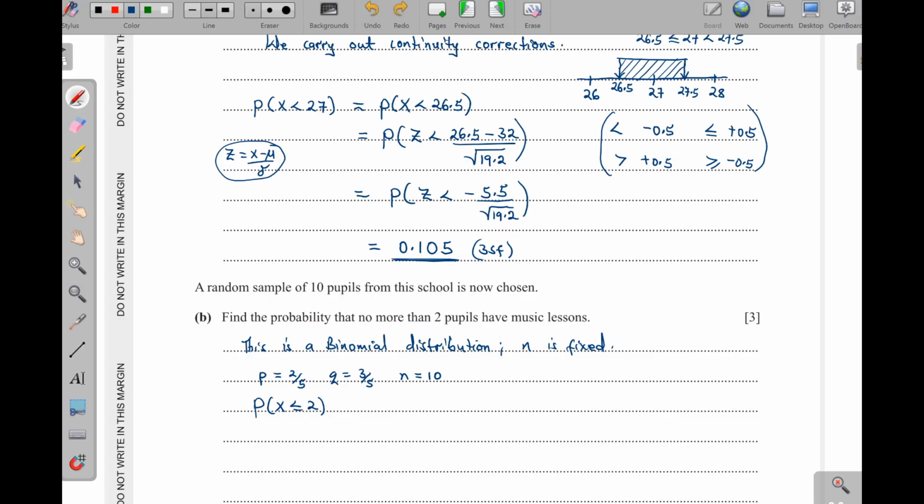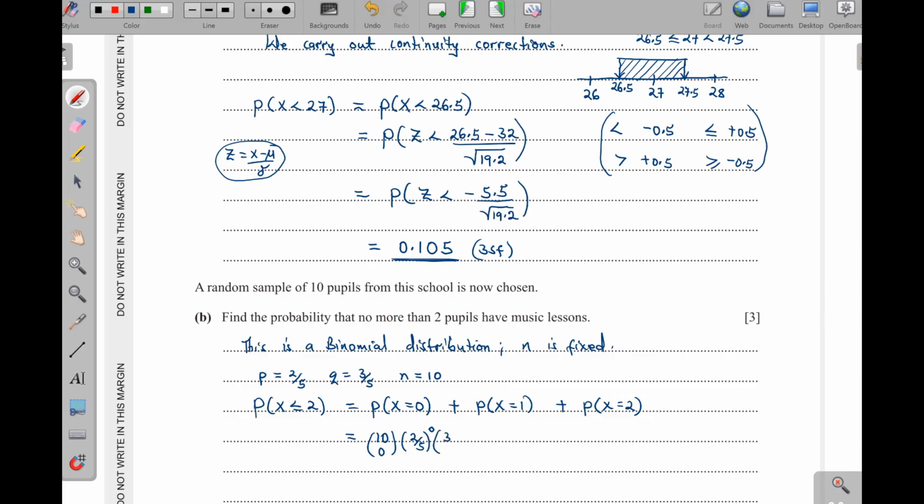Then we shall get X is equal to 0, X is equal to 1, and then X is equal to 2. So this one will be 10 combination 0, and then our P is 2 over 5. The 0 that is here is the number of times we are getting the success, so it is the one that we power here.